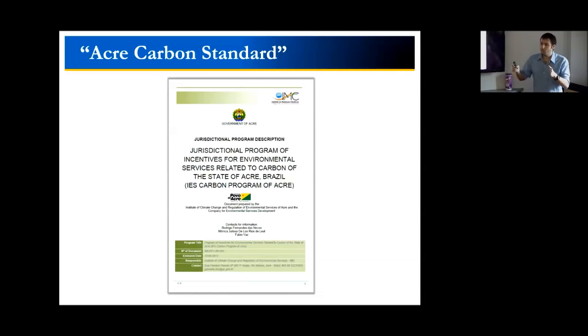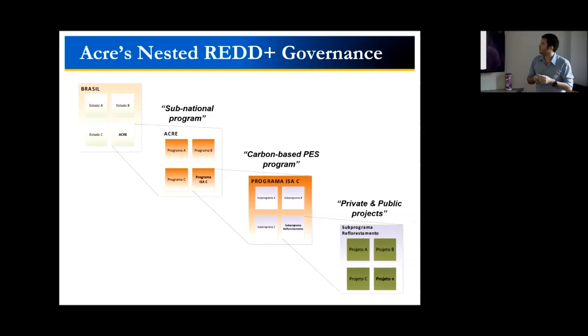What they did was create their own carbon standard. They created this Acre carbon standard, and this is the cover of the document. They are following a nested approach, and this is a figure that I took from that document. Basically, we have Brazil, and Acre, of course, is one of the states in Brazil. So they are inserted in this major national framework.